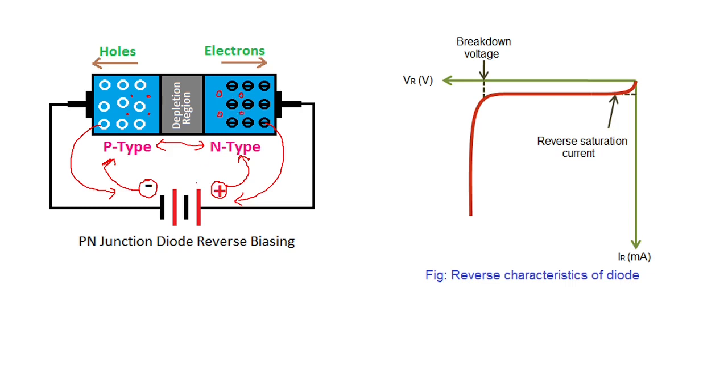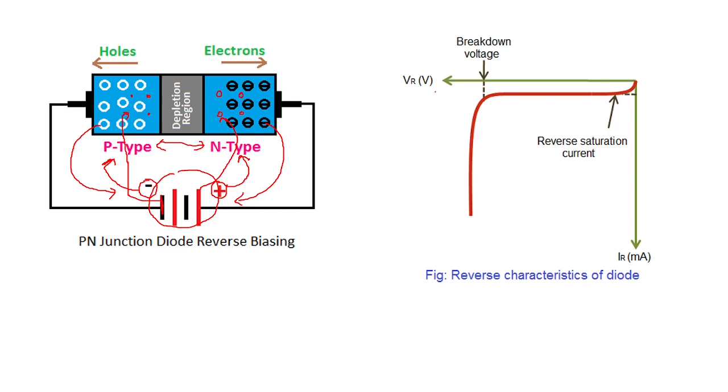Now here, the negative of the battery is going to have an impact on the electrons, which are the minority charge carriers of p-type semiconductor, and the positive of the battery is having an impact on holes, which are minority charge carriers of the n-type semiconductor. For these minority charge carriers, this type of battery arrangement is acting like forward bias, putting a force on them to cross the depletion region.